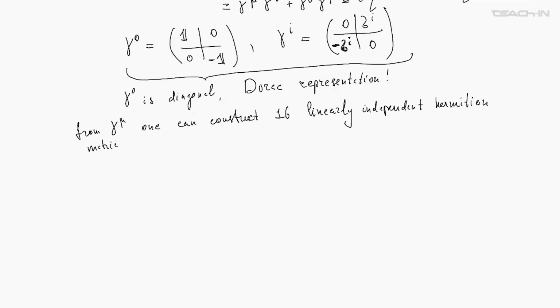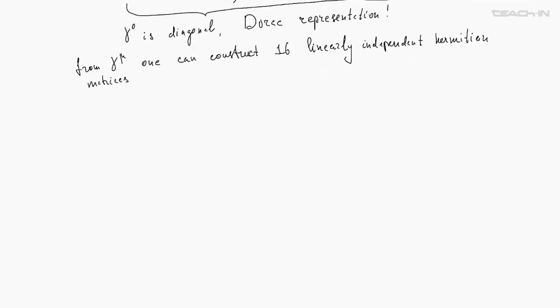First of all, you can build up the identity matrix. The identity matrix 1 is simply eta mu mu times gamma mu squared, where there is no summation over the index mu.